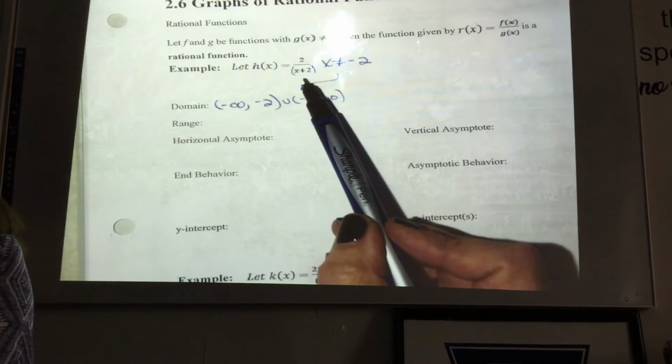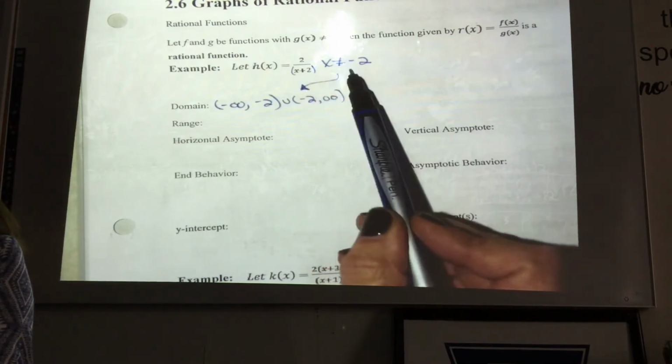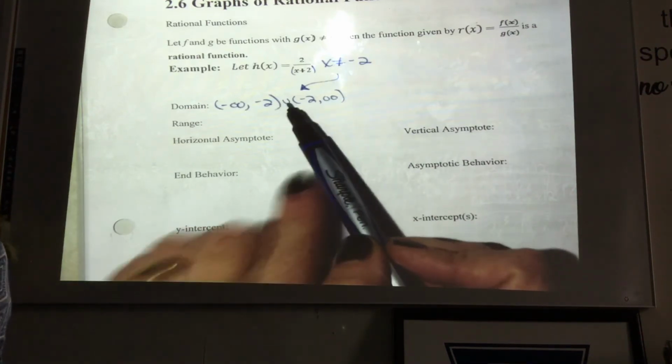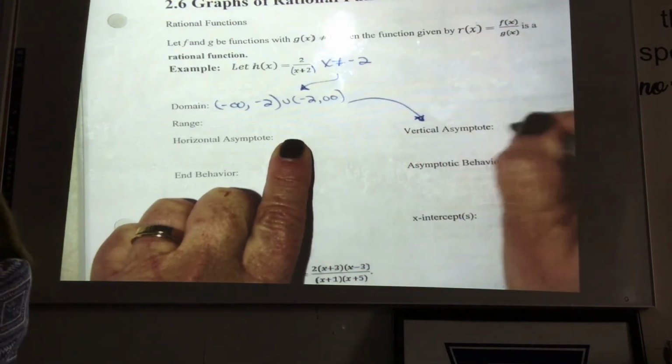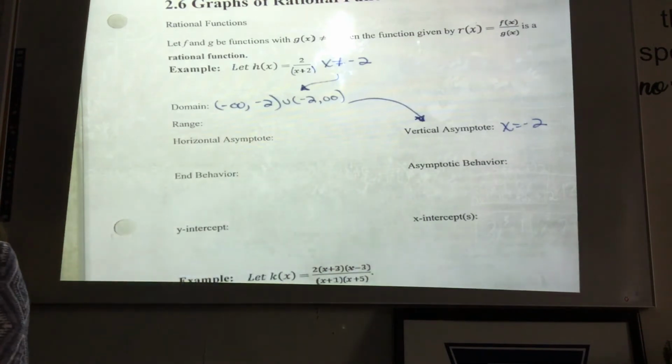We cannot have a 0 in the denominator, so we say x plus 2 cannot equal 0. That's where that came from. I automatically found my domain, and then I automatically found my vertical asymptote, all from that little restriction. So those 3 connect.